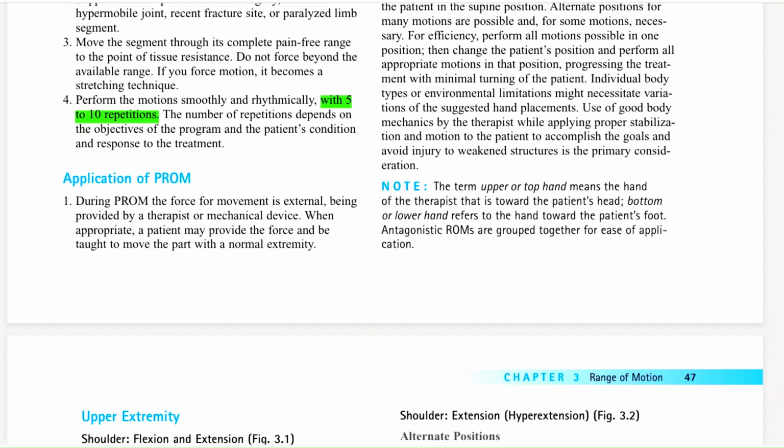Always use good body mechanics to protect yourself and your patient. We can discuss in later lectures what kind of position a therapist needs to maintain to keep good body mechanics or biomechanics.